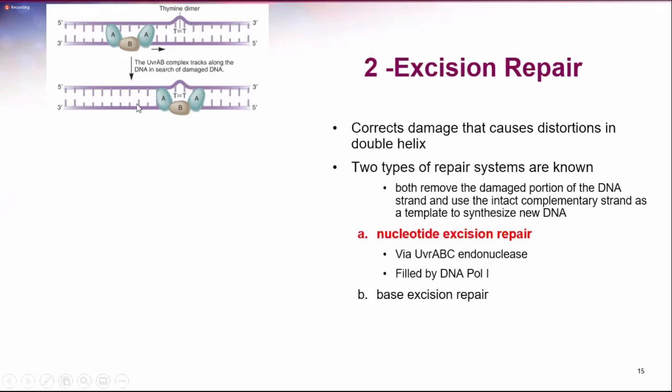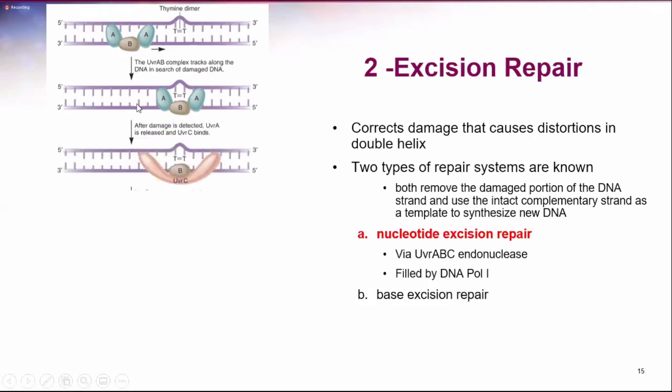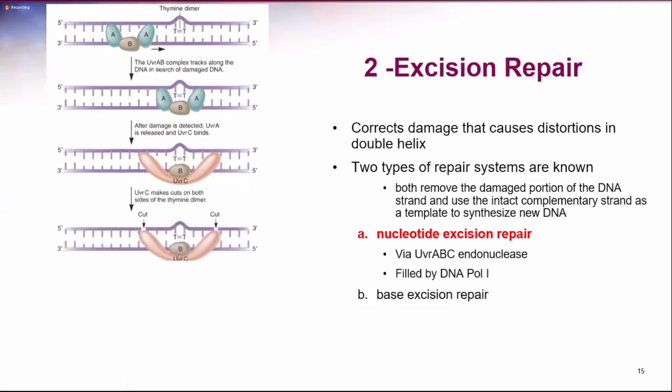And this is why you see the name UV as part of these proteins, because they're involved in UV-based repair. And so you will have this recognition of the thymine dimer, and then the interaction between the A and the B changes so that the A leaves and UvrC joins. UvrC happens to be an endonuclease, so it's going to make a cut in the backbone of this DNA strand on either side of that pyrimidine dimer.